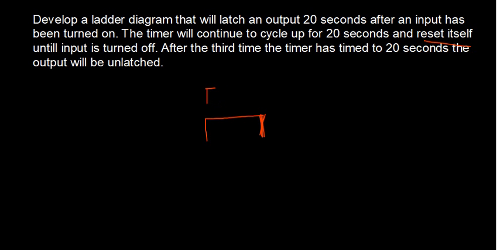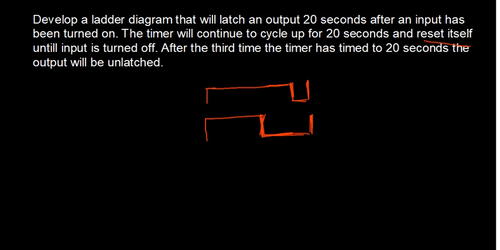Now again I will latch the input. I will make the input go high, and again your timer will go high here. So this timer will run again for say 20 seconds. Let us say that here I have again turned off and turned on the input, something like this.